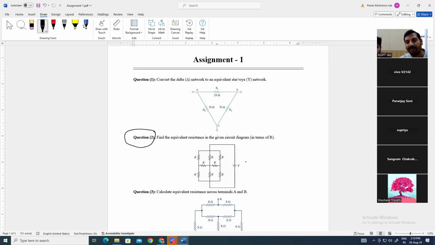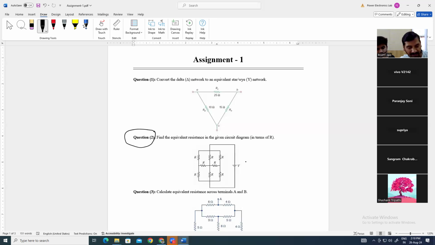Although you have received the correct answer, you have to verify your answer using the star delta conversion process, so that you will be confident in applying the star delta or delta star conversion process.